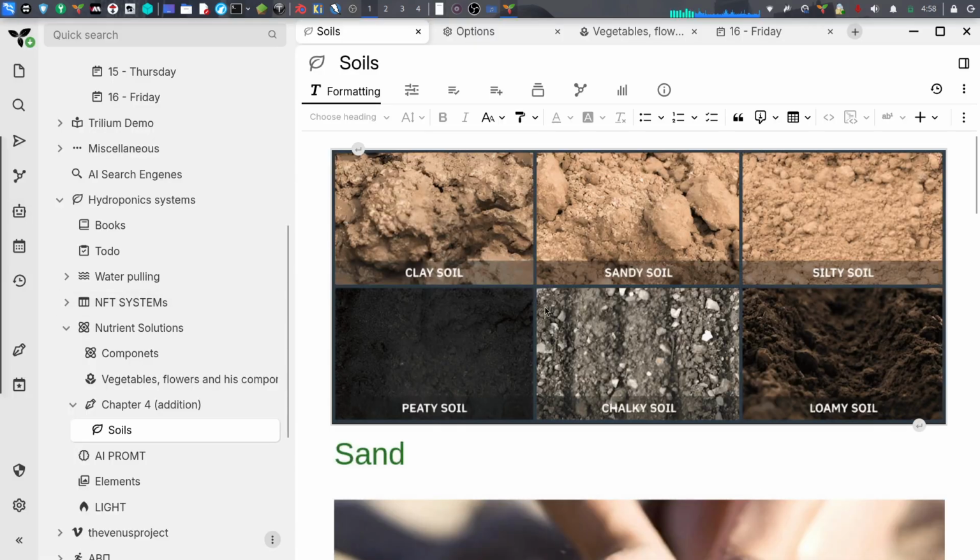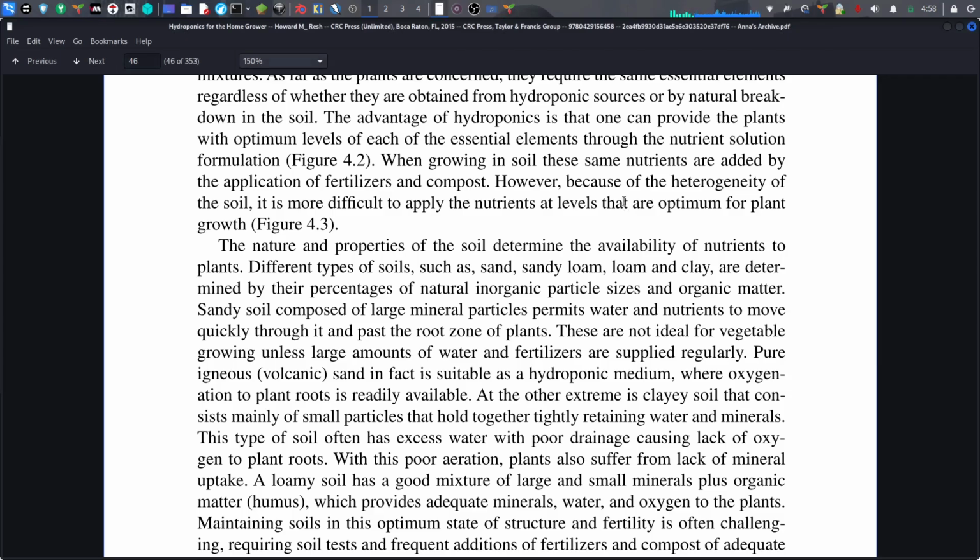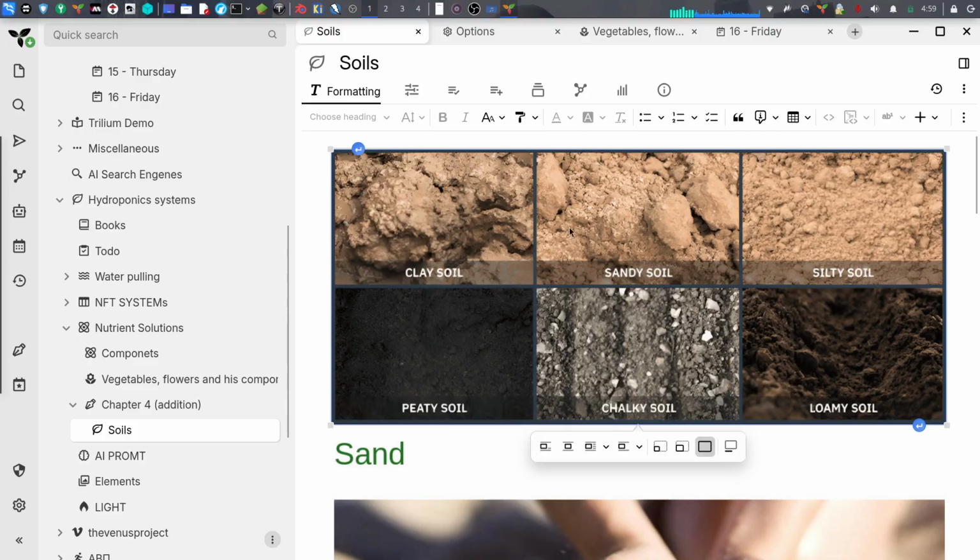Sandy soil, composed of large mineral particles, permits water and nutrients to move quickly throughout it and past the root zone of plants.